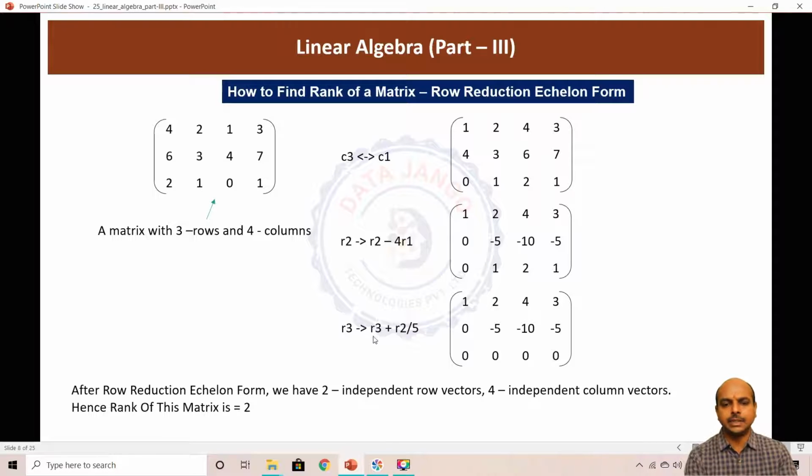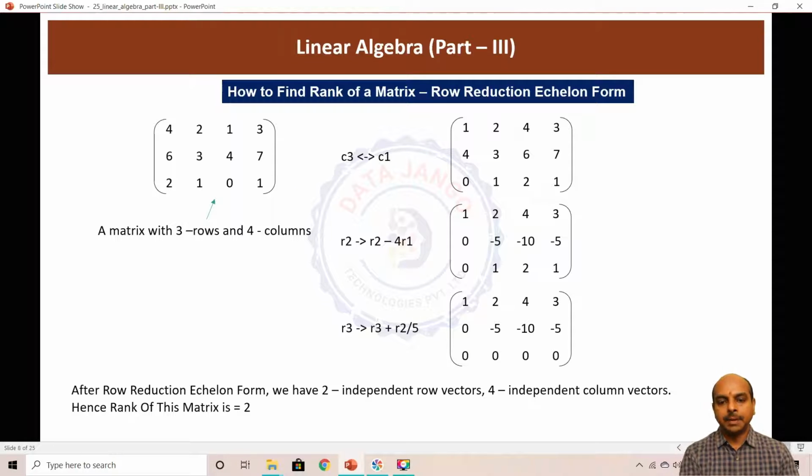So R3 equals R3 plus R2 by 5. If you divide this by 5, it becomes 0, minus 1, minus 2, minus 1. When you sum up these two, you get a 0 vector. So this third vector is somehow dependent on the other vectors. We eliminated the dependent vectors, so we have got independent vectors. So 2 is the maximum number of independent row vectors.